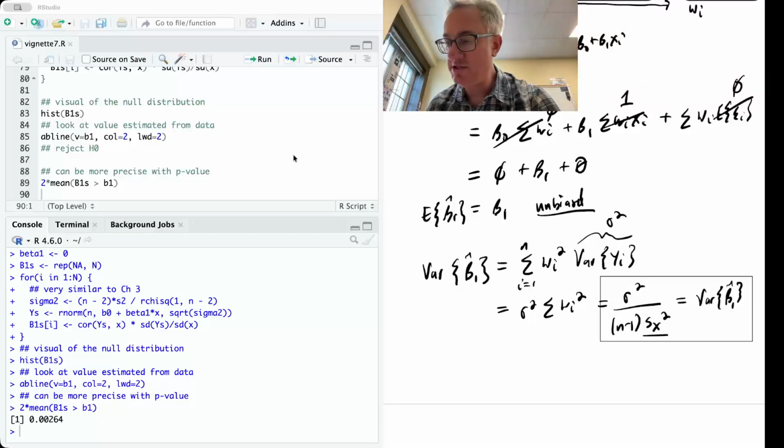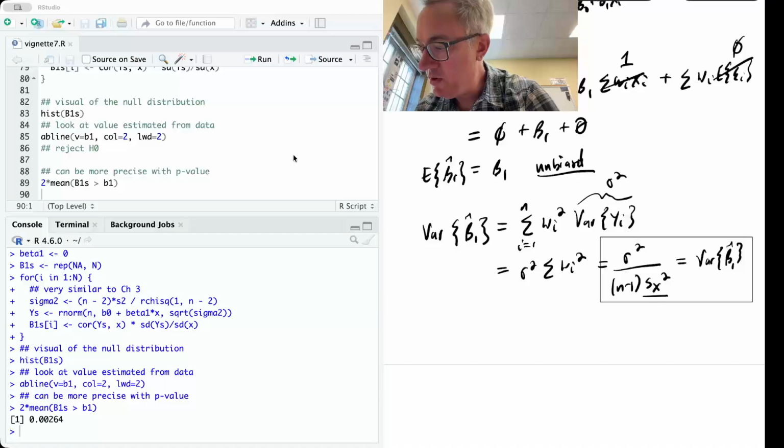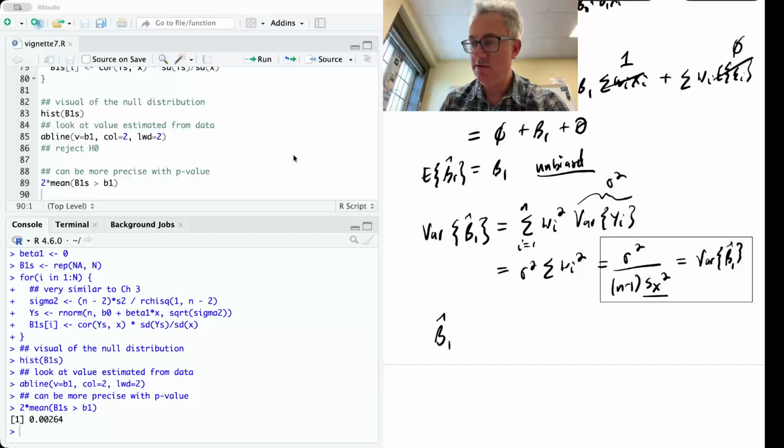Okay, so just summing up what we know, we have that the estimated slope has a mean of beta 1 and a variance of sigma squared over (n minus 1) times s_x squared.